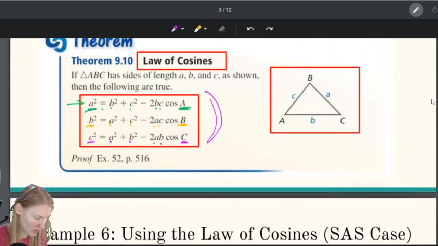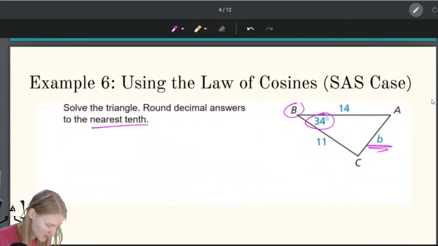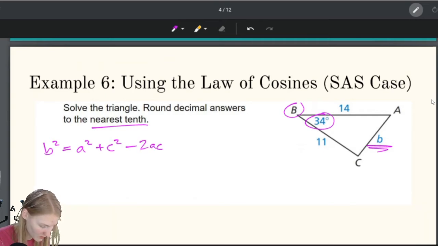But because I don't have angle A, I have angle B, I'm going to use this one right here: b squared equals a squared plus c squared minus 2ac cosine of B.